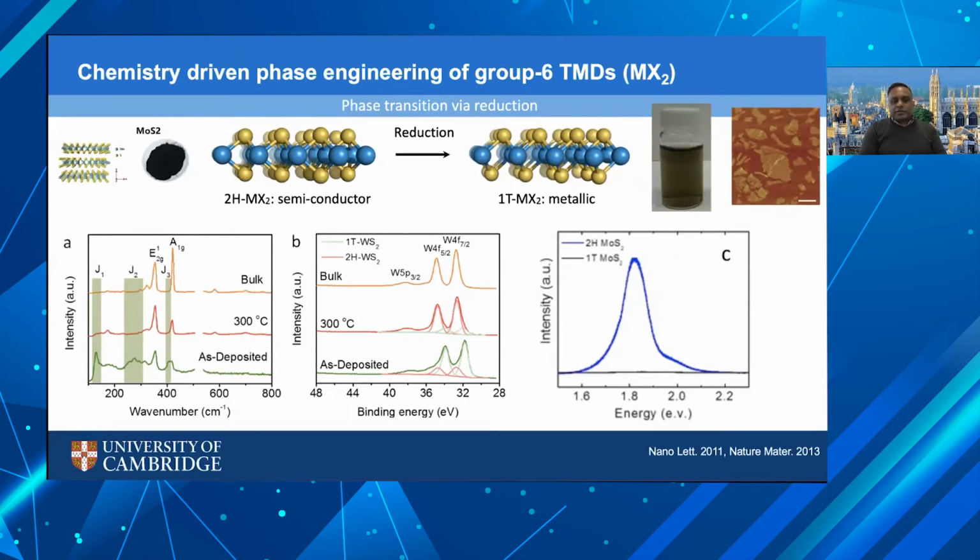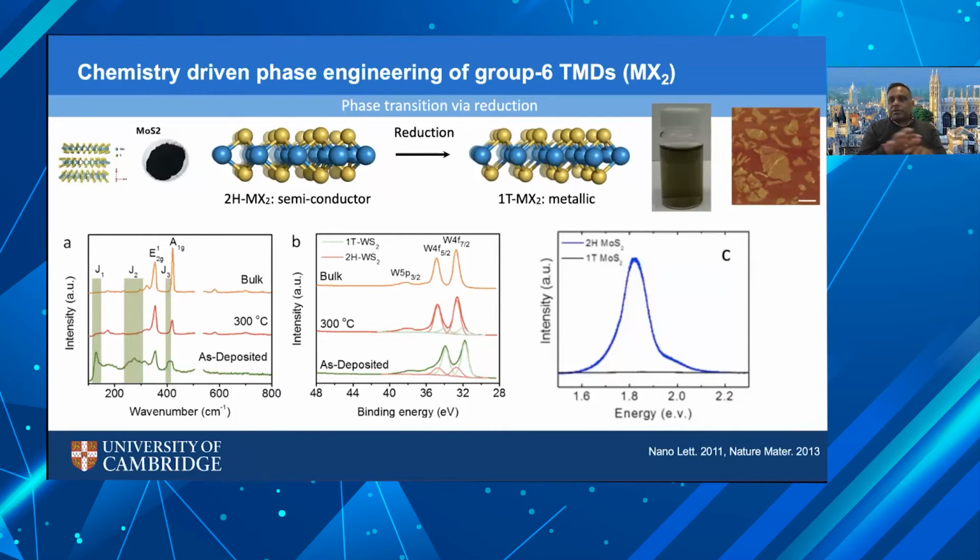No. So you always have the 2H phase, as the questioner correctly puts it, present. When we look at it in the TEM, what you have are patches of the H phase and patches of the T phase.